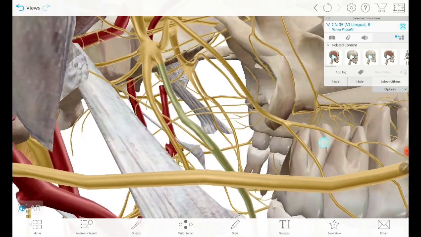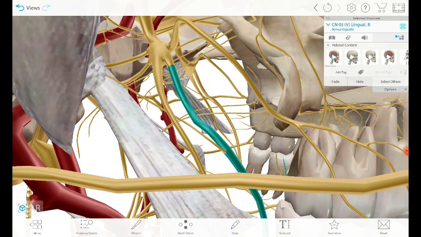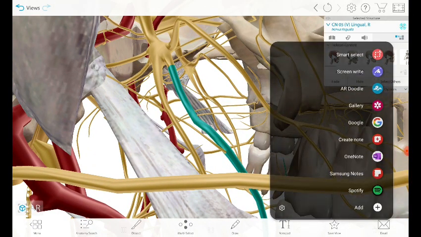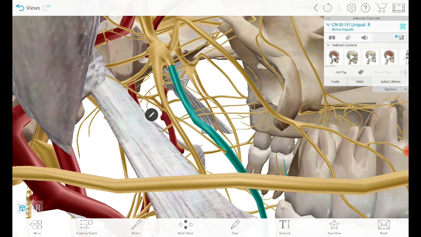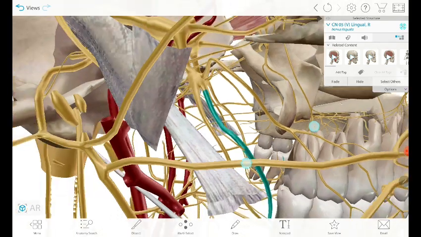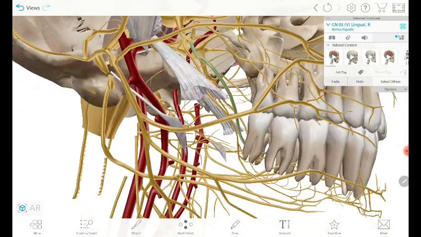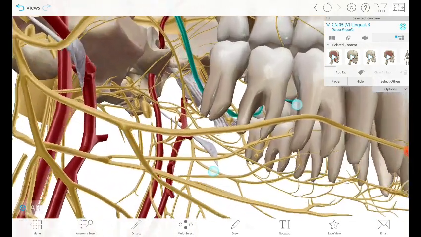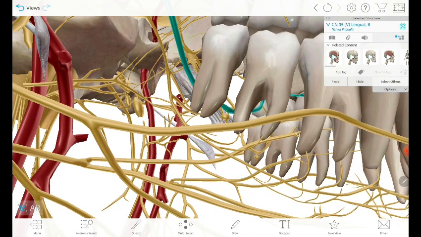So this is the lingual nerve, and the chorda tympani comes and joins this lingual nerve. Then the lingual nerve descends inferiorly, and we can see that there's one ganglion hanging from the lingual nerve.